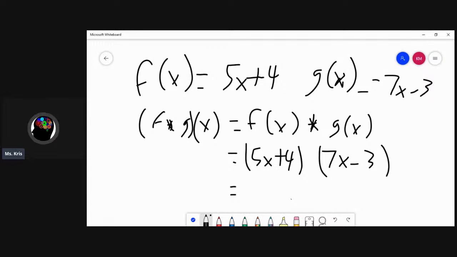So that means we're going to do what? FOIL. Now, FOIL says my first terms are multiplied to each other, and 5 times 7 gives me a 35. X times x, x squared.